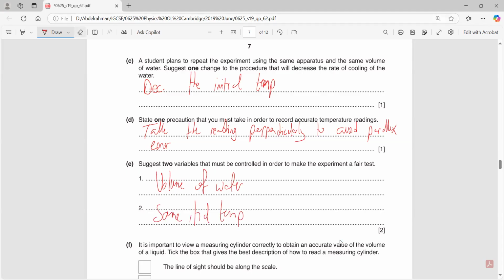I think the volume of the water in this case might not be correct, because he already has the same volume of the water. So same initial temperature and same room temperature.